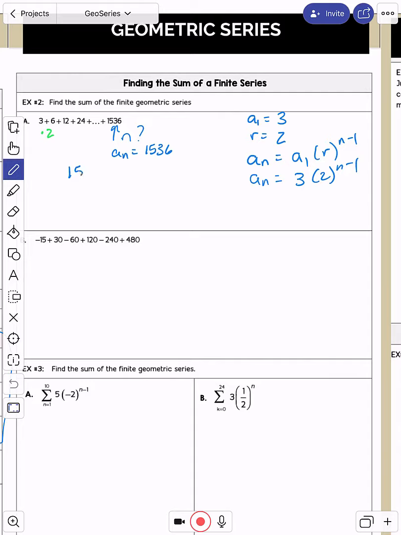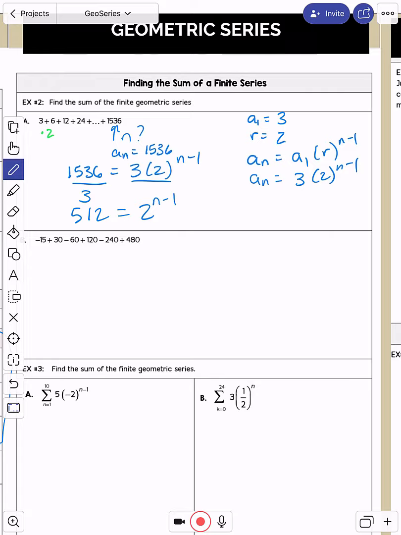So 1536 is equal to 3 times 2 raised to the n minus 1. Okay, well, we'll divide both sides by 3. We're going to get 512 equals 2 raised to the n minus 1.